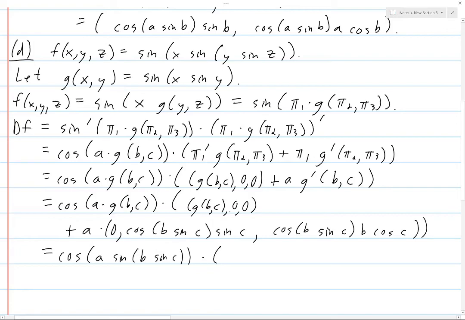So g of b comma c, remember, is sine of b sine c. So that's the first coordinate. The second coordinate, which I'll write on the second line, is a times cosine of b sine c times sine c. The third coordinate is a cosine of b sine c, b cosine c.